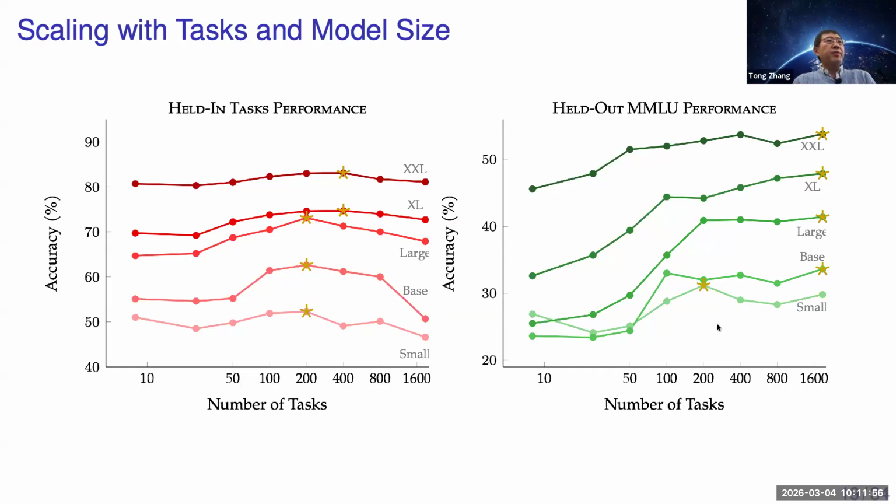So this is MMLU, and they see some improvement when you have different tasks. You can think about it this way: if you have more tasks, they cover a lot of different types, and then this one gets covered. So when you have task diversity, it matters for generalization.